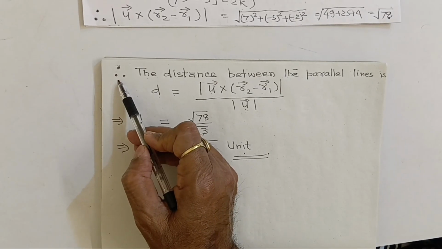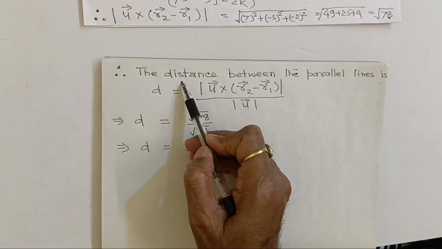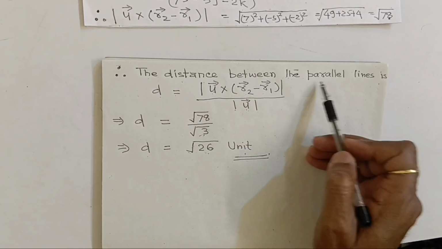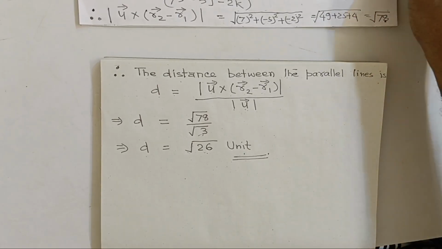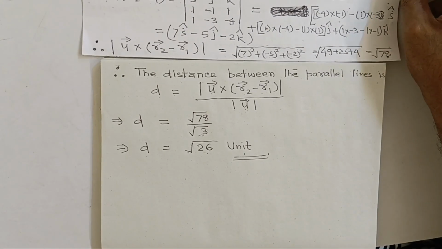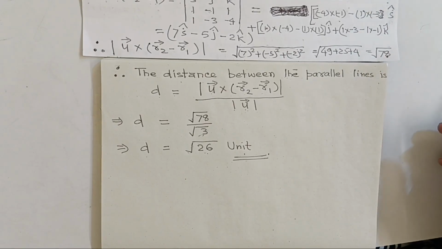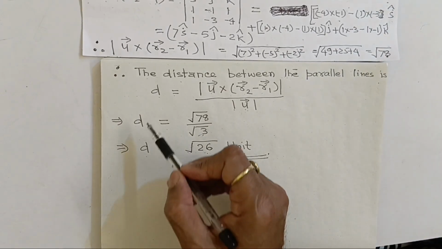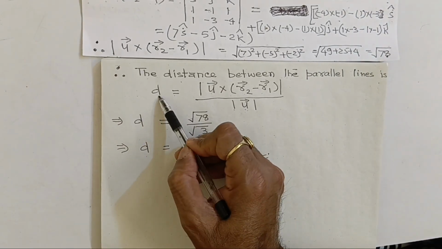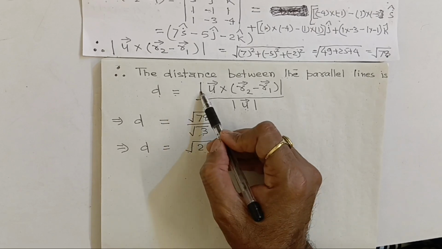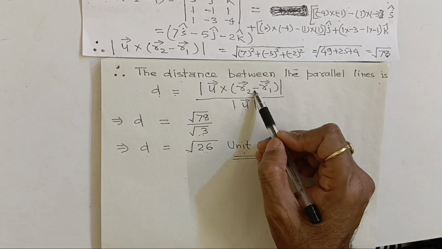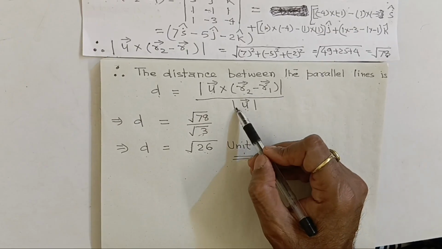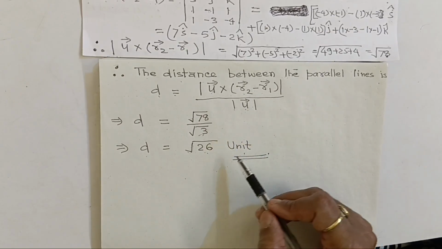Therefore, the distance between the parallel lines is given by the formula d is equal to mod of vector u cross vector r2 minus r1 divided by mod vector u.